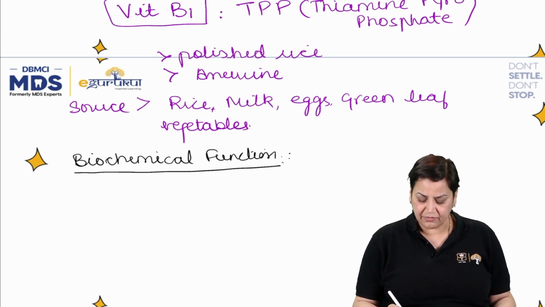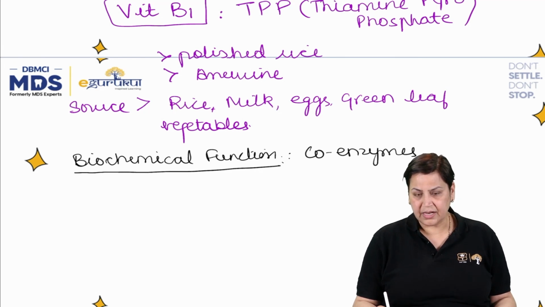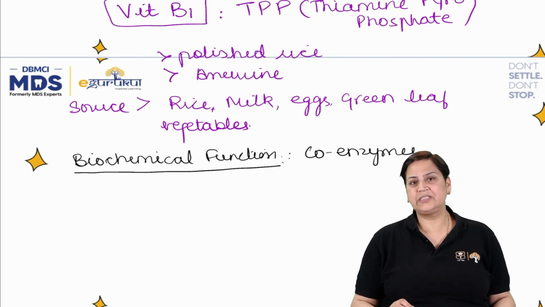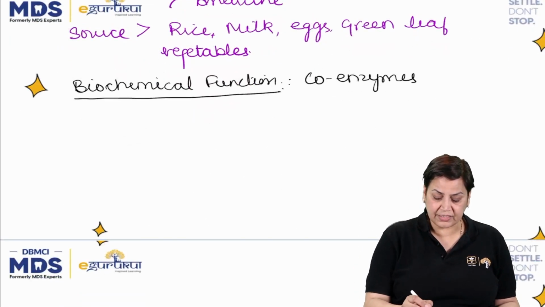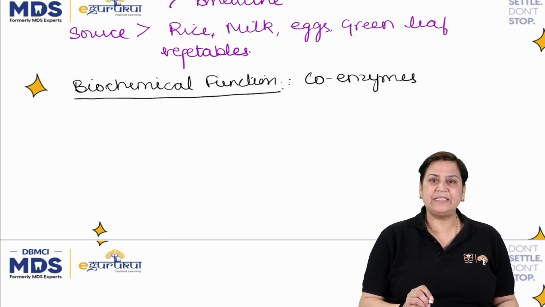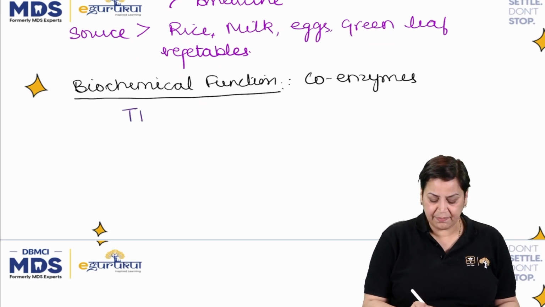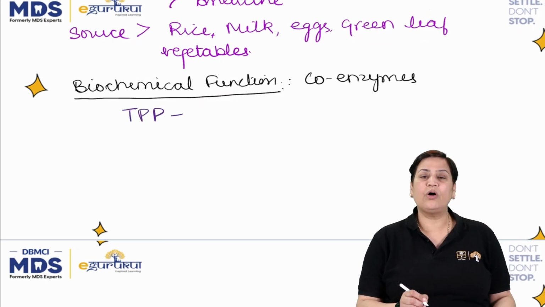So the biochemical function is acting as coenzymes. Now, what are the reactions in which they act as coenzymes? Always remember, TPP is for oxidative decarboxylation.